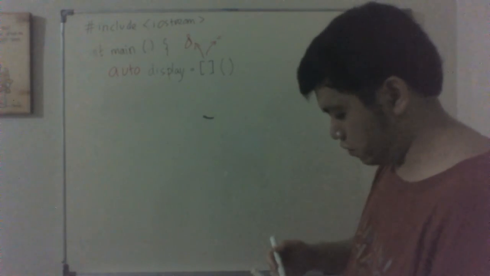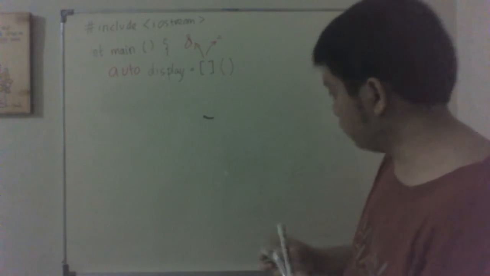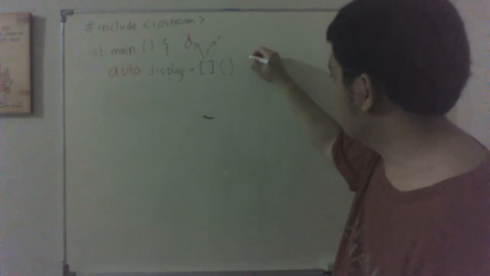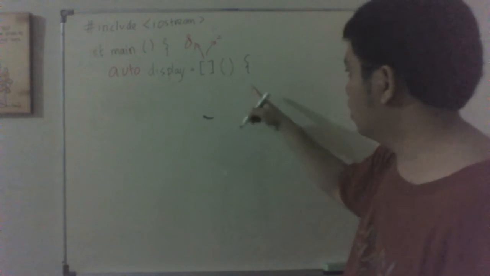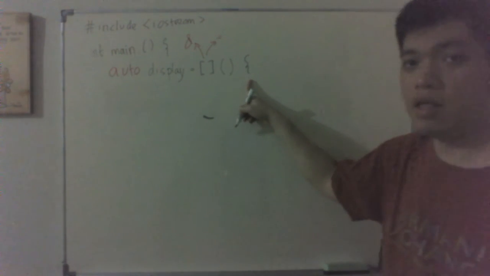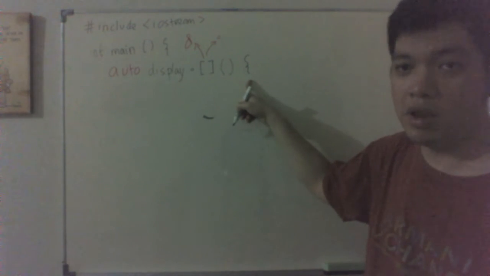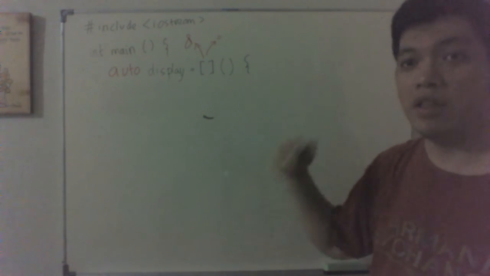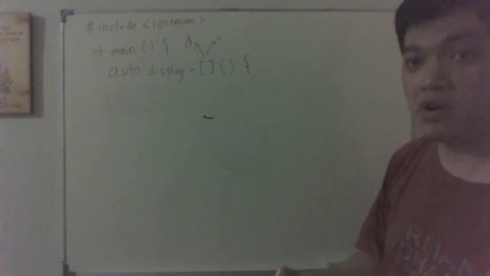The lambda is self-sufficient. And then, of course, over here, we go directly with the open curly brace. You can already guess that the curly brace is the beginning of the scope of the lambda, of that anonymous function, right?